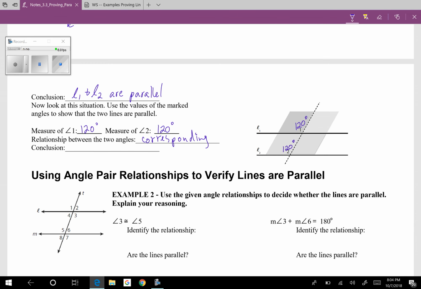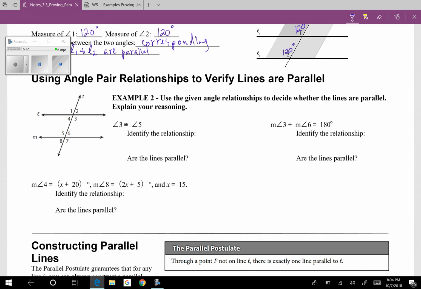All right, so now we're going to go through here and we're going to do a couple problems. So example 2, use the given angle relationships to decide whether the lines are parallel and explain your reasoning. So angle 3 is congruent to angle 5. So identify the relationship. They're on different sides of the transversal. They're both between the parallel lines, so it's alternate interior angles, right?